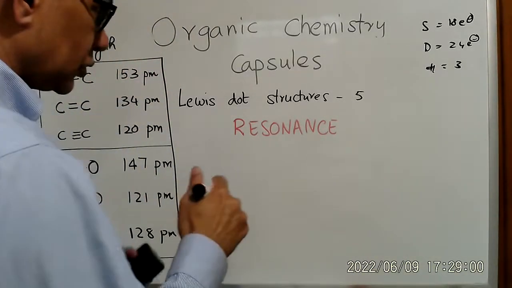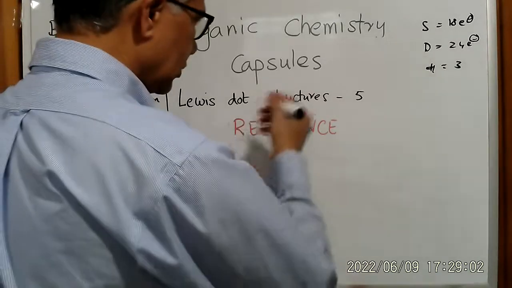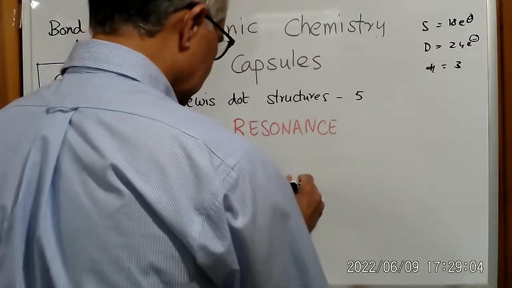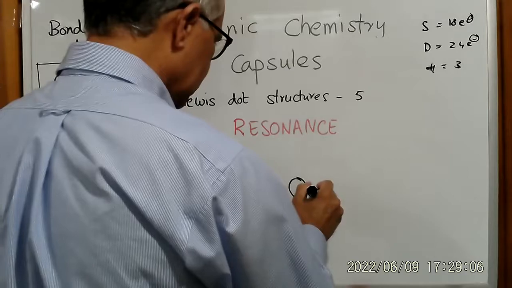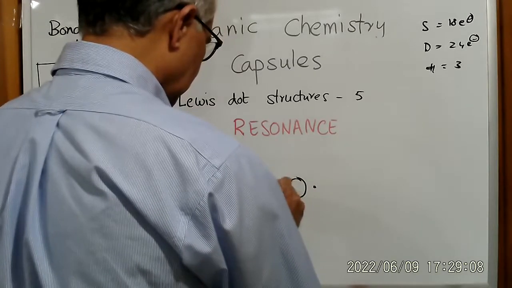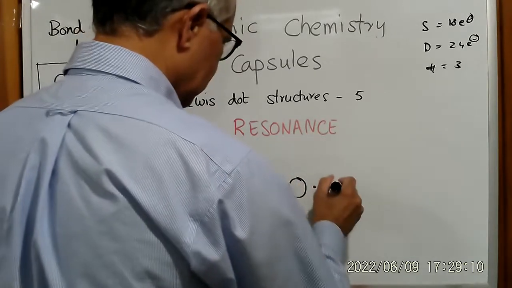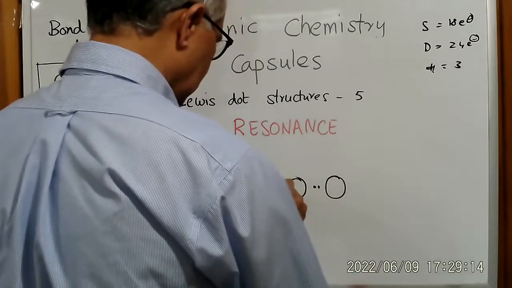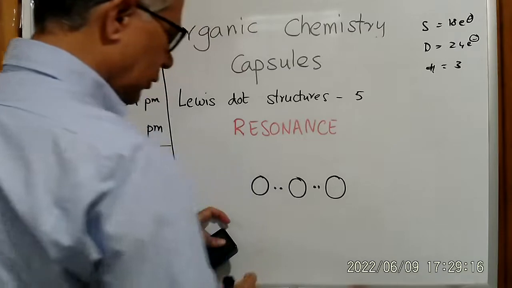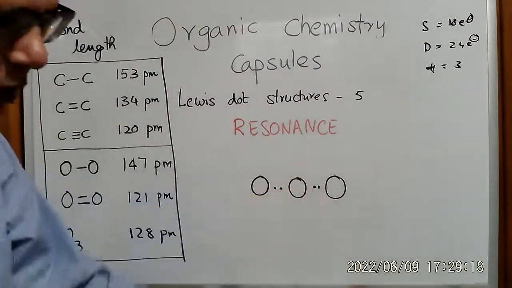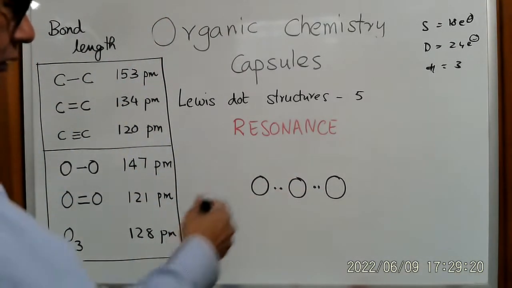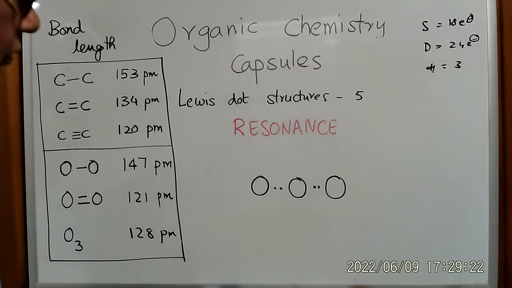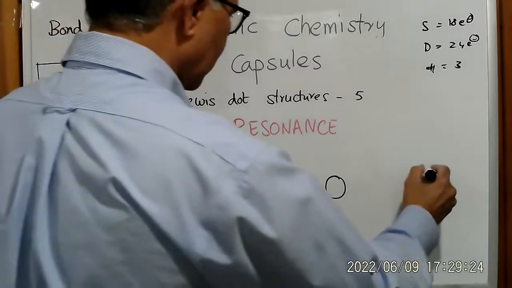Let's draw the structure. Since all 3 atoms are oxygen, we can start with one oxygen, another oxygen, another oxygen. So we'll start by making a single bond between the oxygen atoms. So right now we have used 4 electrons.